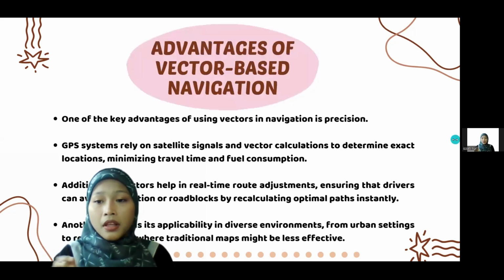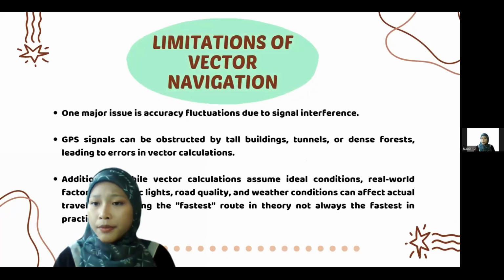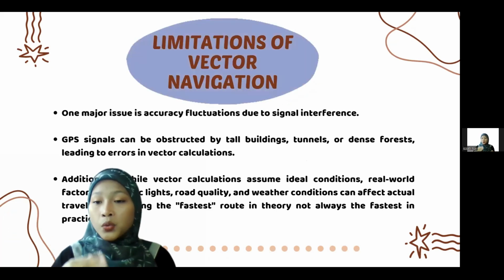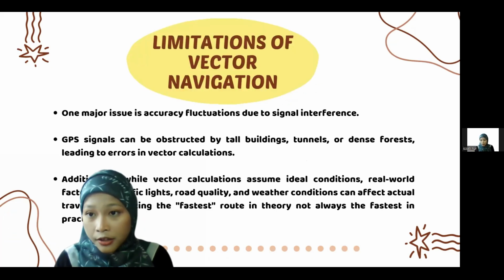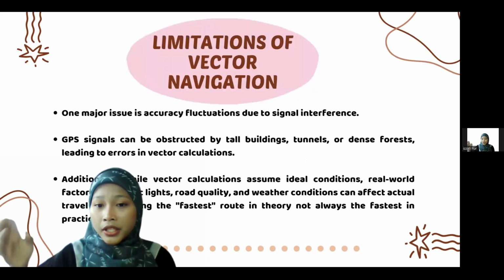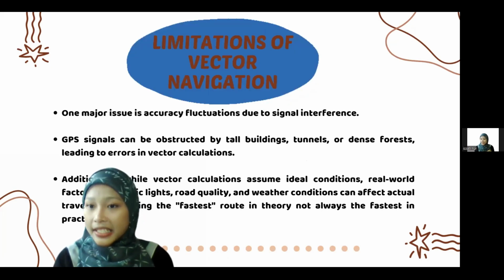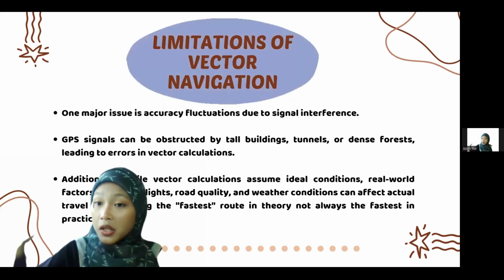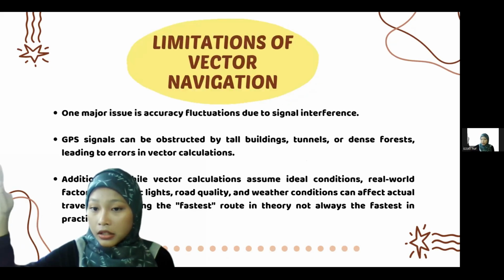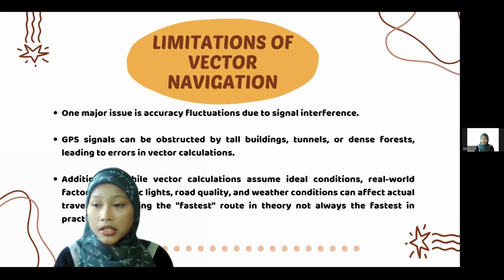So for the limitations of vector navigation, one of the major issues is the accuracy fluctuations due to signal interference. Because we know GPS relies on signals, right? GPS signals can be obstructed by tall buildings, tunnels, or dense forest, leading to errors in vector calculations.